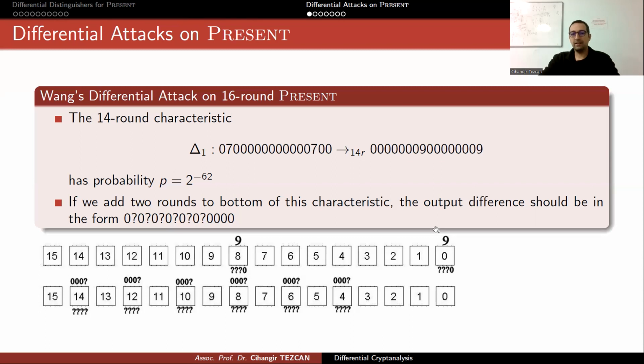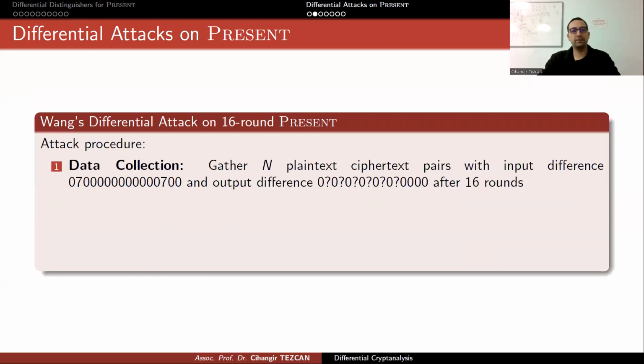Then go back here and check if these differences are 9. So you are going backwards now. This way, the round key that gives you these differences most often will be your secret key. Let me explain all of this in these slides.